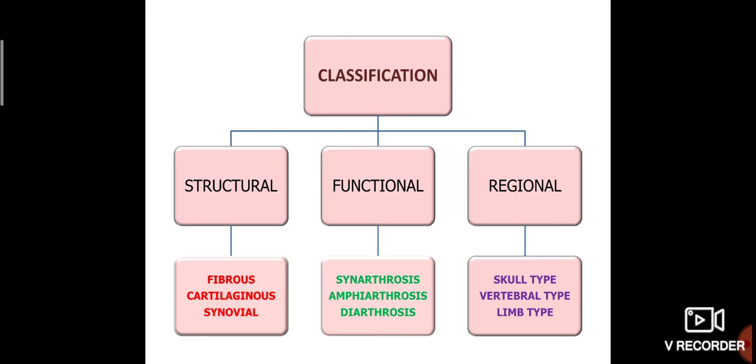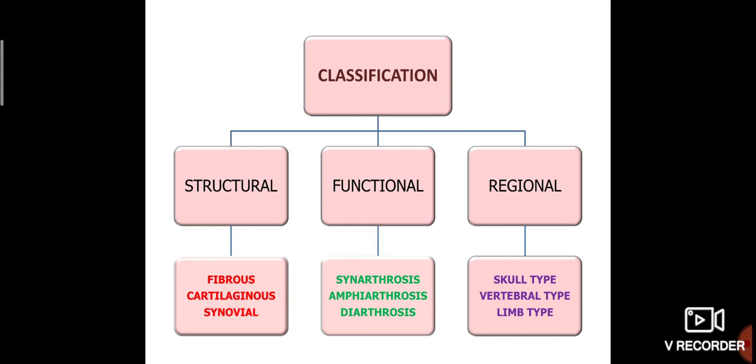But diarthrosis means freely movable, and these diarthroses are the synovial joints. These are the common joints present in our body, and synovial joints are the most movable joints in our body, present in our upper limb and lower limb.